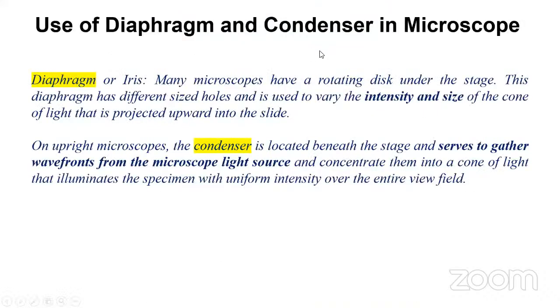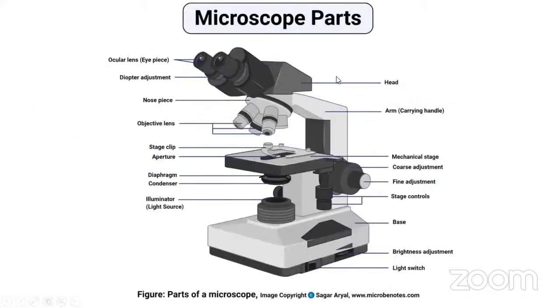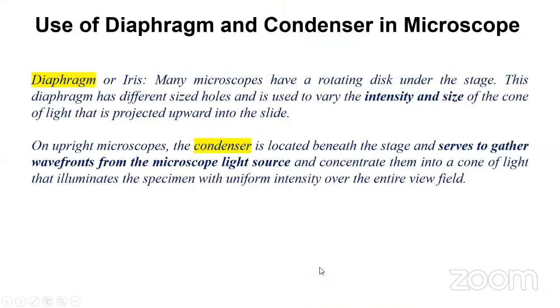So now we said that there are various parts in a microscope. The parts starting from the eyepiece, objective lens, then diaphragm, light source, and through this we can connect it to electricity, and then we can either switch on or switch off the microscope.